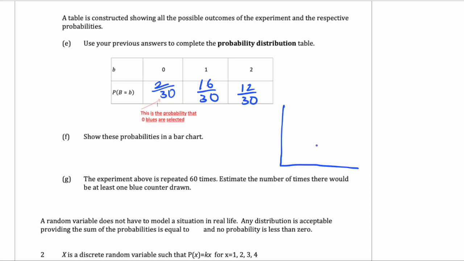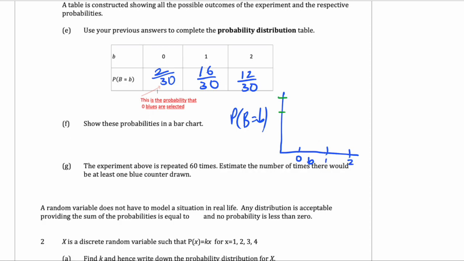Okay, next we're going to put it into a bar chart where this is the probabilities. Let's write it like this. Probability B equals b, and this is b over here. So b can only be 0, 1, 2. And we're going to draw it so that the height of each bar is the probability. So I'm going to draw this up at 2.